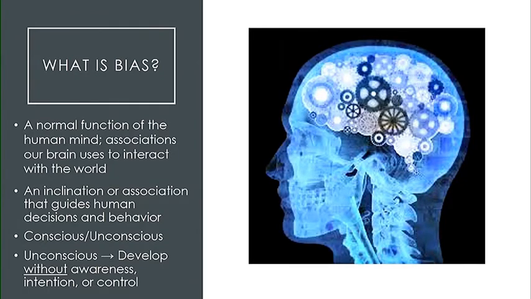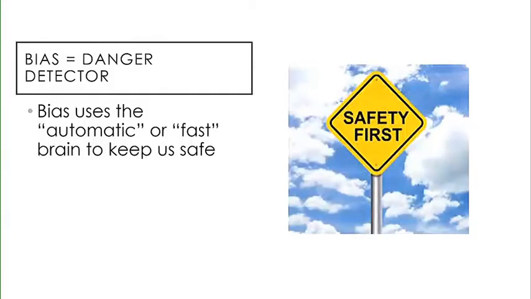These are quick associations that our brain is wired to develop to help us interact with and navigate our world. These can exist on the conscious or unconscious level, and certainly on the unconscious level, they are developed and impact our decision-making and behavior without our awareness, without any intention or control. So then why does our brain do this?